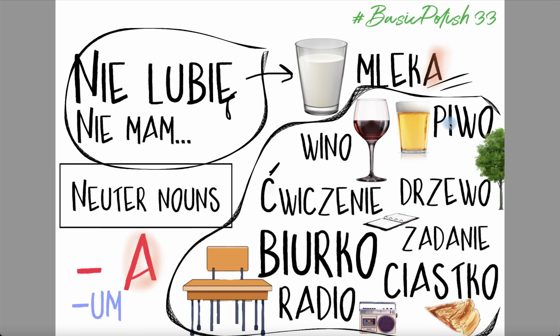So let's go through all those nouns once again. I'm going to point at the particular word and give you a couple of seconds to think about its version in genitive, okay? And then you're going to hear the answer. So let's go. Nie lubię piwa. Nie mam biurka.